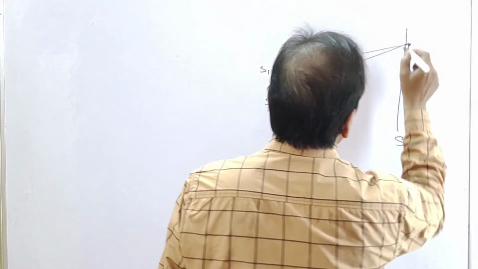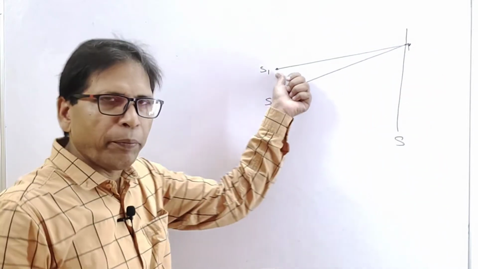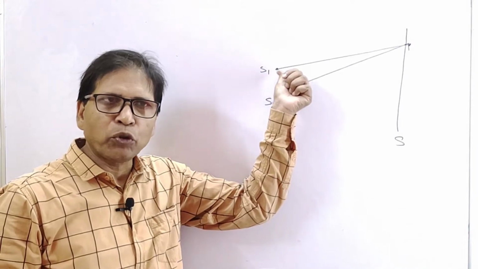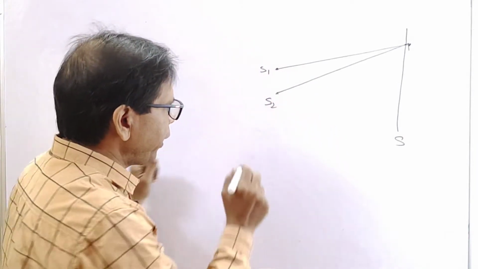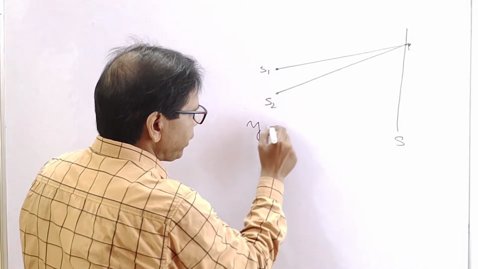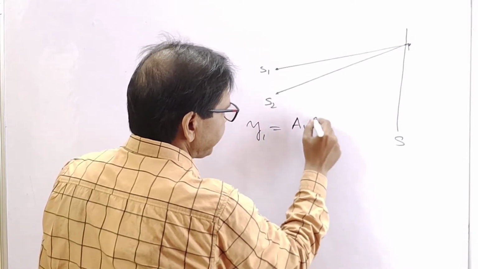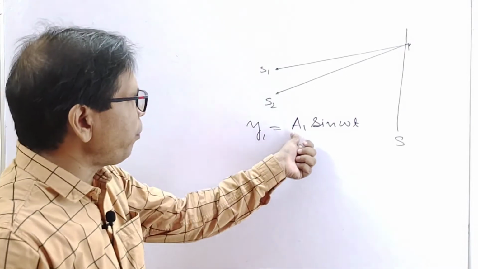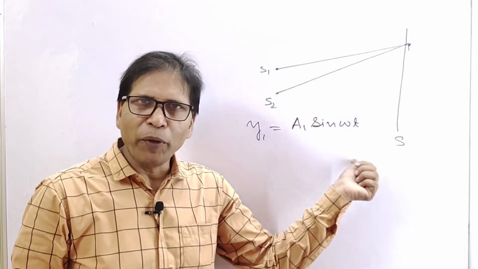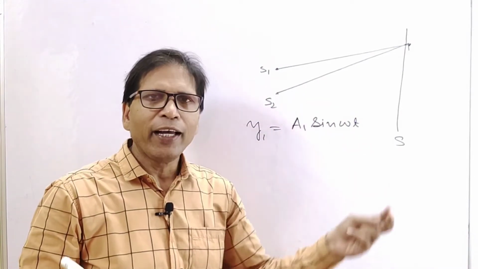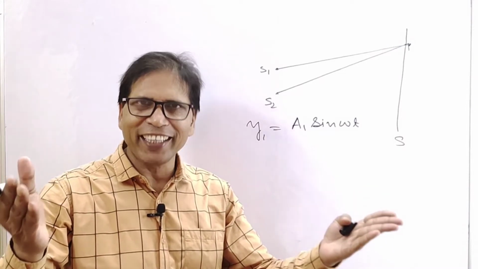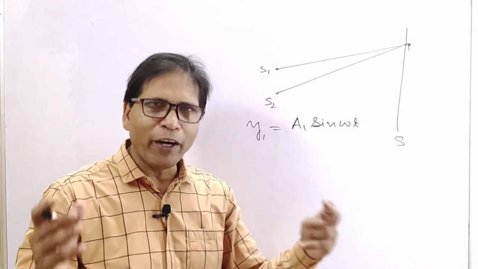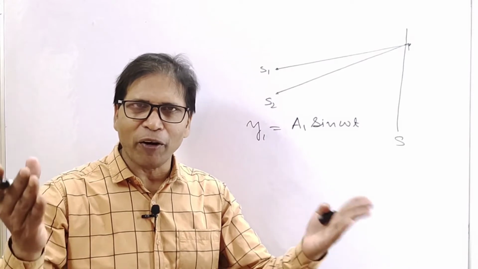Now the equations of the waves sent by the sources S1 and S2 are given by y1 equal to A1 sine omega t, where A1 is the amplitude of the wave and omega is the frequency of the wave.